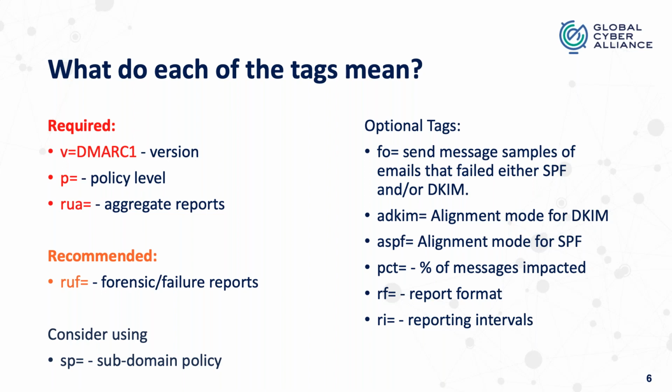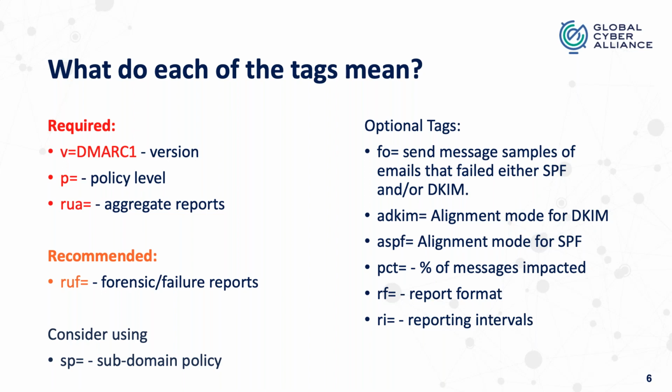There is no other version, but they did this in case, somewhere down the line, they make changes or improvements to DMARC, they may consider changing it to a different version. But right now, there is no other version. It is v=DMARC1.